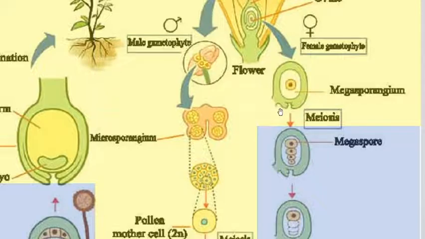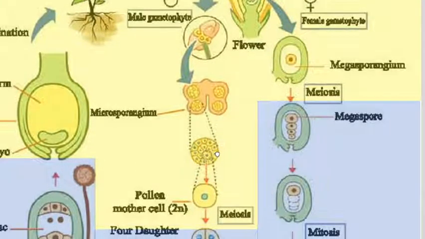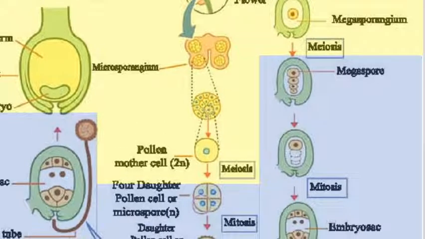Up to this stage is the diploid stage. After the pollen mother cell divides meiotically to produce daughter pollen cells, it enters into the haploid state or gametophytic state.